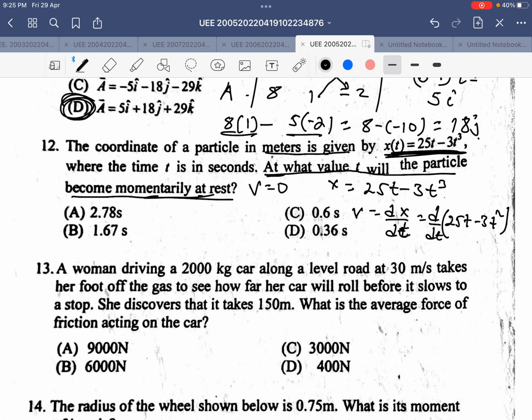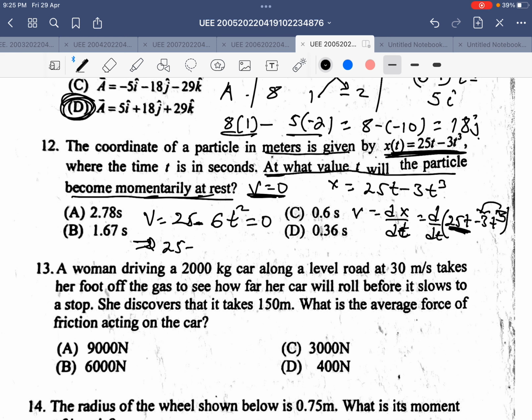When you derivate this, v is equal to 25t when derivated becomes 25, and 3t squared when it is derivated this 2 is multiplied by 3 minus 6t squared is equal to what? 0, because momentarily at rest ስለተባለ this implies 25 minus 3t cubed. This is 3t cubed.